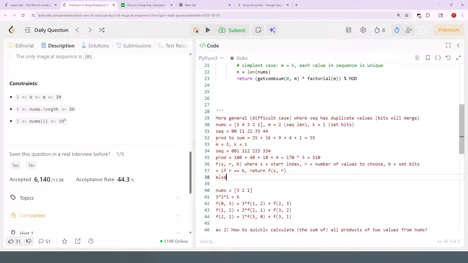Else, I need to move towards the base case, or the base case is that function.